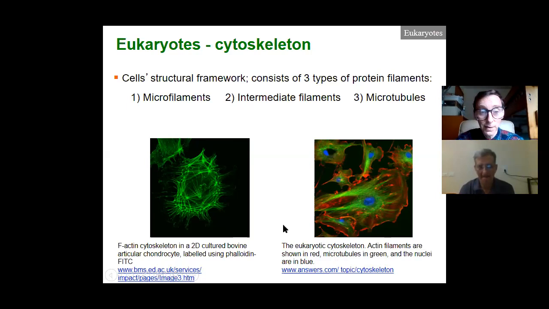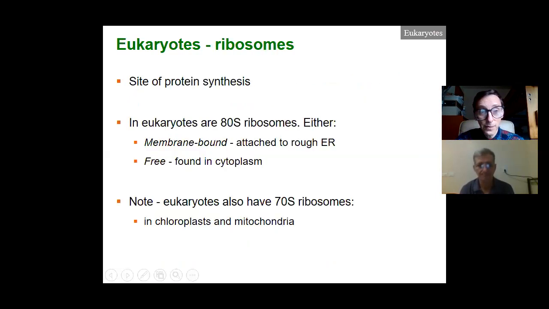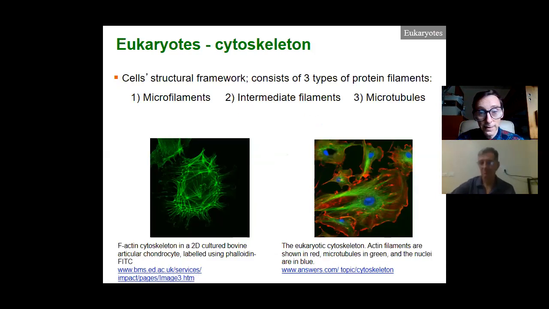Any questions about the cytoskeleton? Like I said, prokaryotic cells do have a cytoskeleton with proteins running throughout their cell, but it's nowhere near as elaborate. And this is not all of the proteins. This one here is only F-actin. This one here is, what is it?